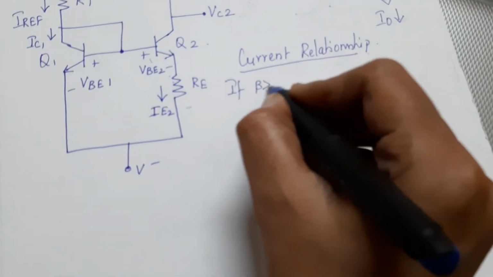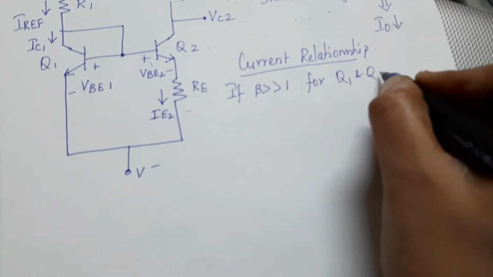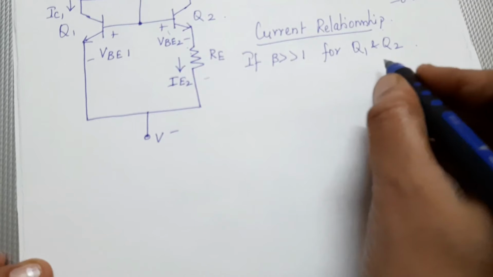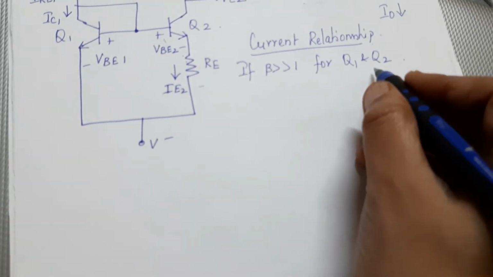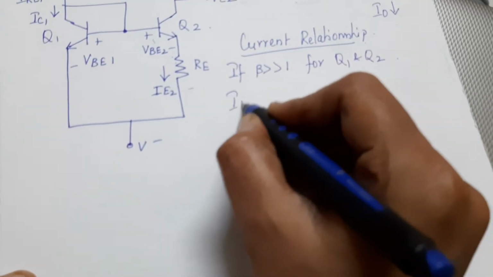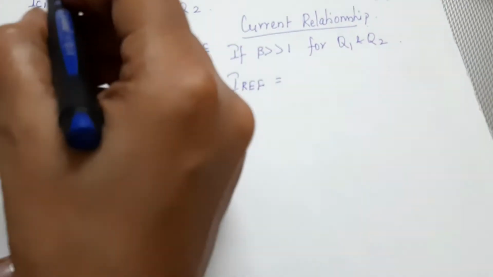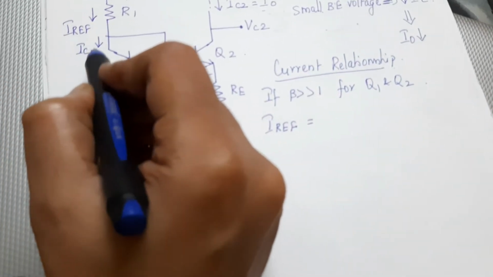So if beta is much greater than 1 for transistors Q1 and Q2, where beta is nothing but the current gain, and as usual we assume both the transistors are identical in nature, I'll try to write an equation for I reference. I reference here is nothing but the collector current of transistor Q1 alone.